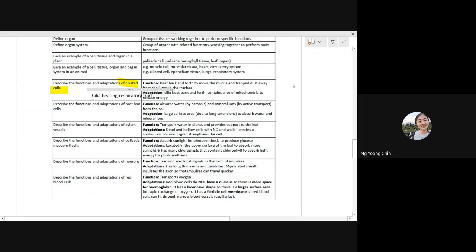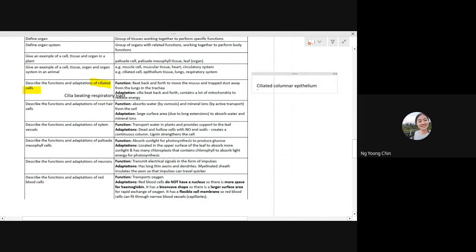So for your information, the epithelium on the respiratory tract, they have a very specific name we call as ciliated columnar epithelium. So this is the respiratory tract lining.